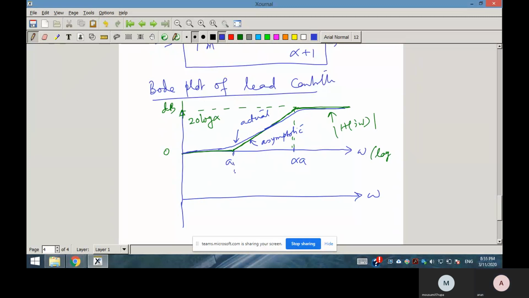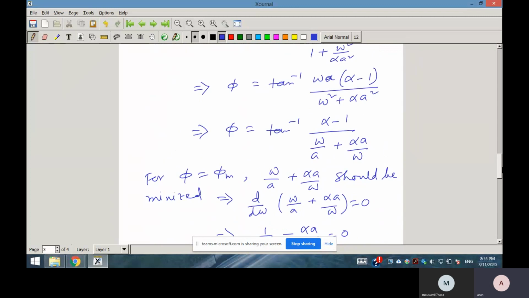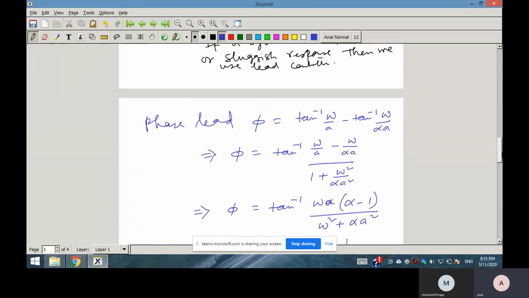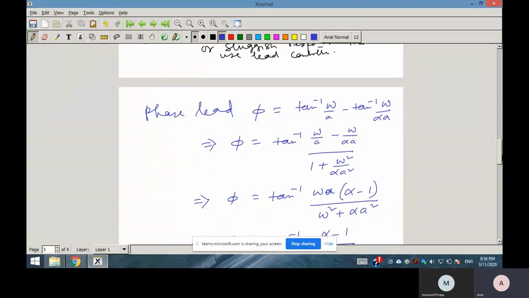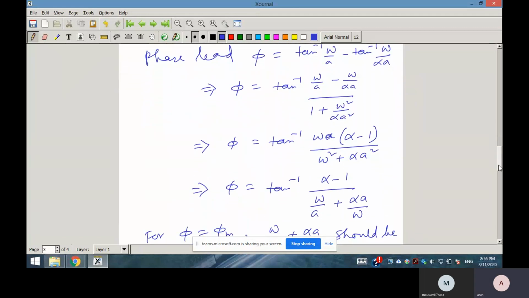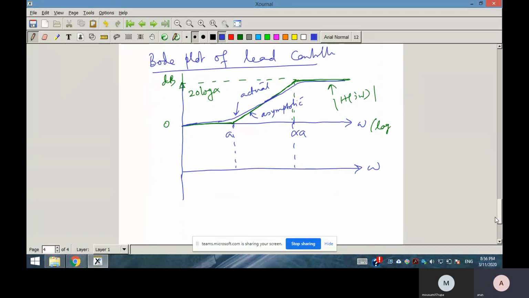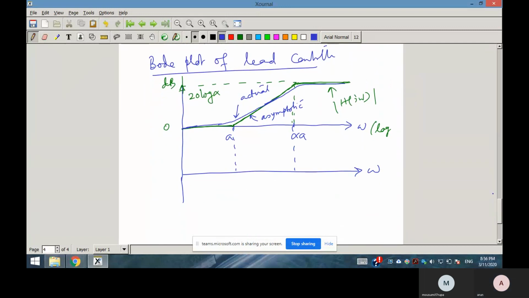Now, what is the phase plot? If you draw the phase lead plot, at omega equal to 0 the phase will be 0, and at omega equal to infinity it is also 0, and it will be maximum at omega equal to A root alpha. So it will be like this.